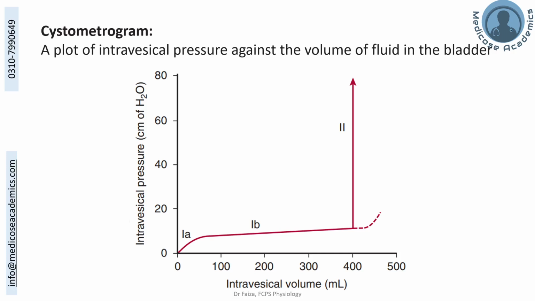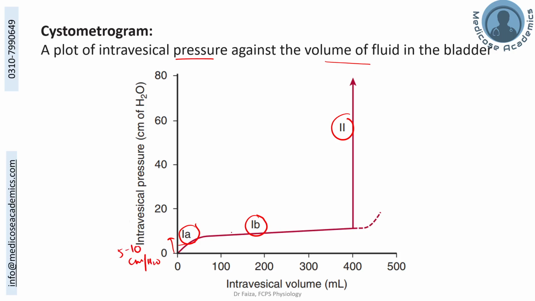A cystometrogram, if we define it, is a plot of intravesical pressure against the volume of fluid in the bladder, and this image from Ganong is showing the 3 phases labeled as 1A, 1B and phase 2. Phase 1A is the phase when initial urine accumulation led to a small rise in pressure from 5 to 10 centimeters of water.